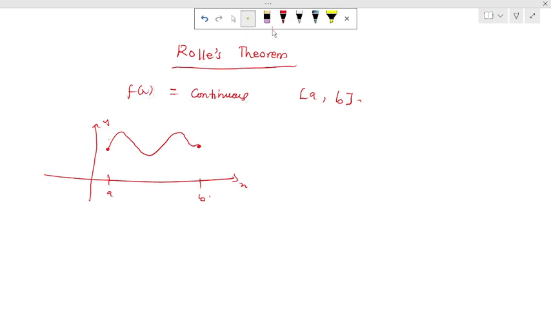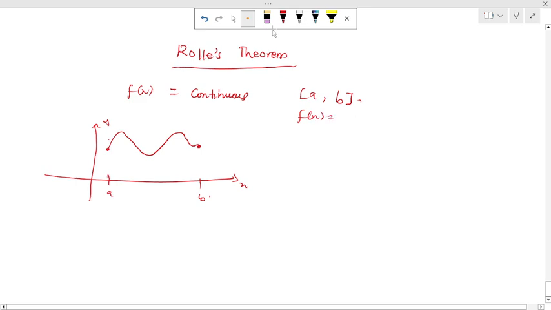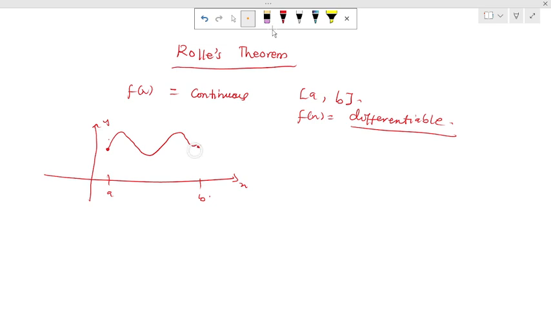Then second, f of x should be differentiable, meaning that our function should keep on changing. If you had a straight line, there wouldn't be any change in the variables associated. But once you say that f of x is differentiable, it means you can find a gradient at different points and it keeps on changing.